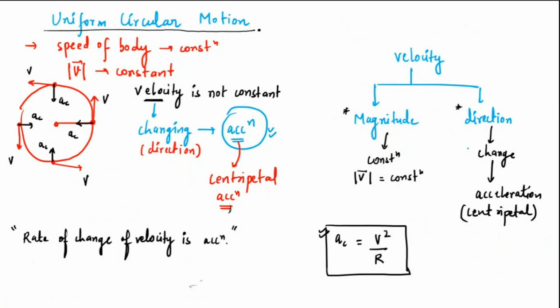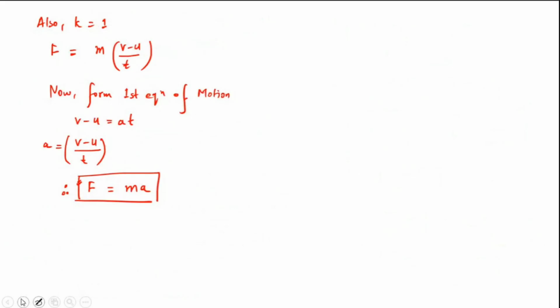But if we try to understand the same thing by looking at uniform circular motion, we can see that there is some acceleration, called centripetal acceleration, which is due to the change in direction of velocity in circular motion. And whenever we talk about any object revolving in a circle, it must possess some mass.